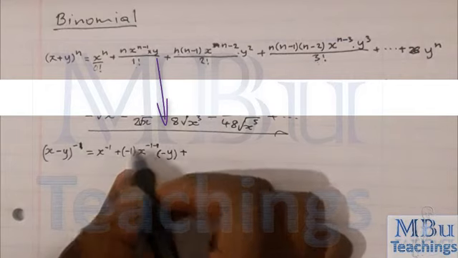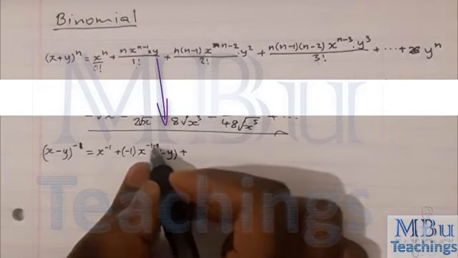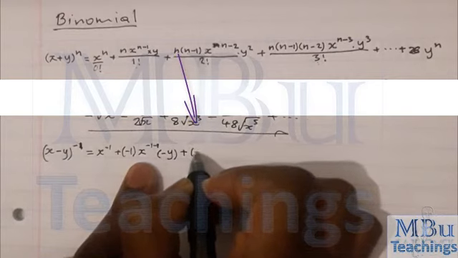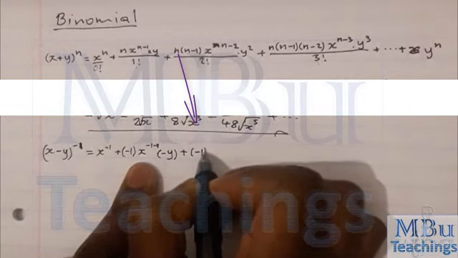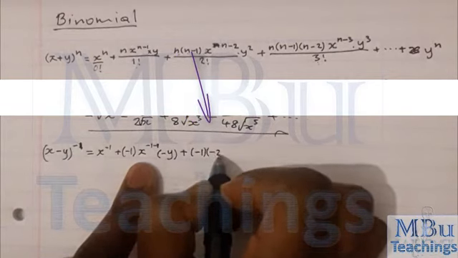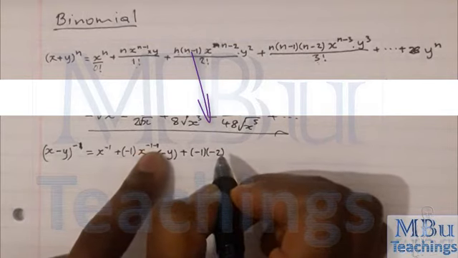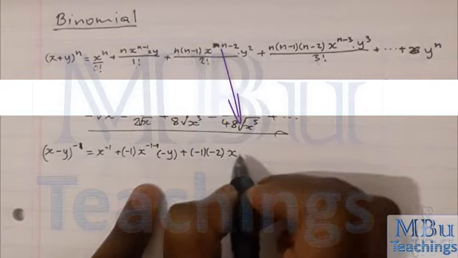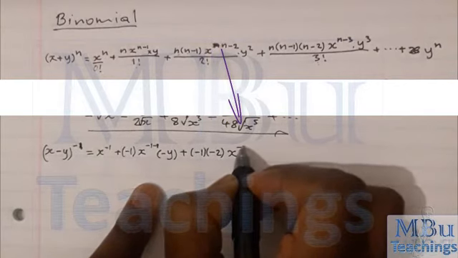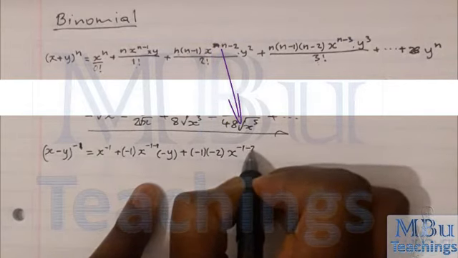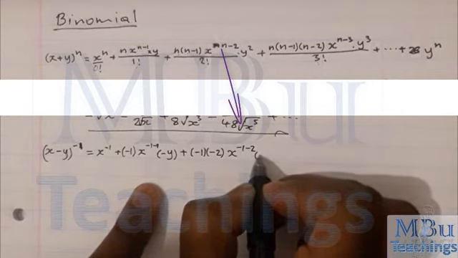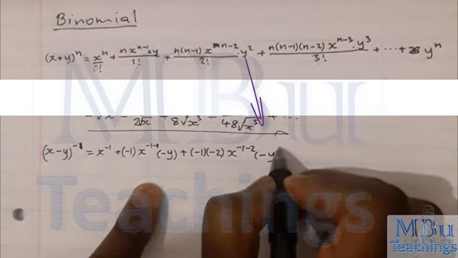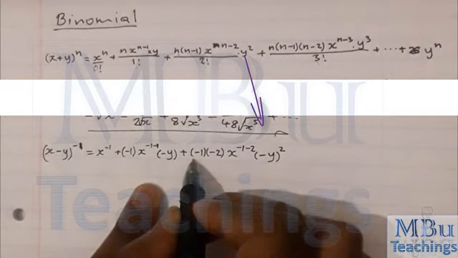Then you move to the next. You again take it to the front, so you'll have negative 1, negative 2, because negative 1 minus 1 is negative 2. Then we have x raised by negative 2 times negative y squared.